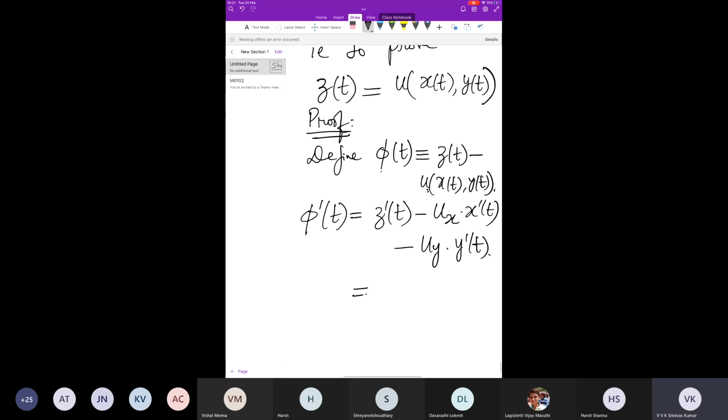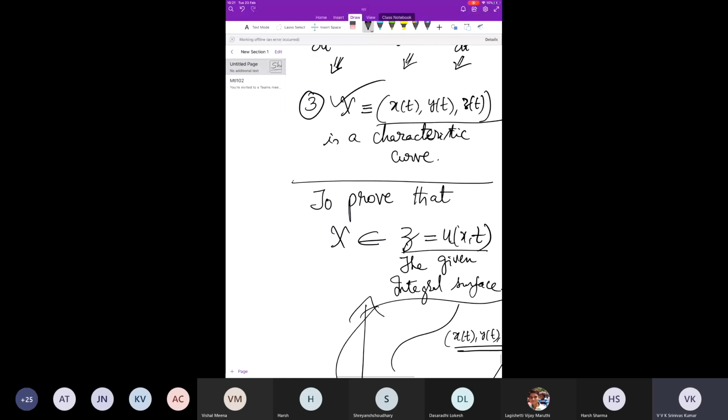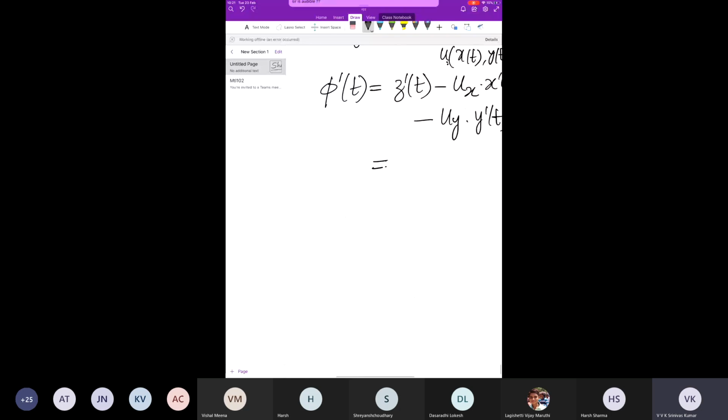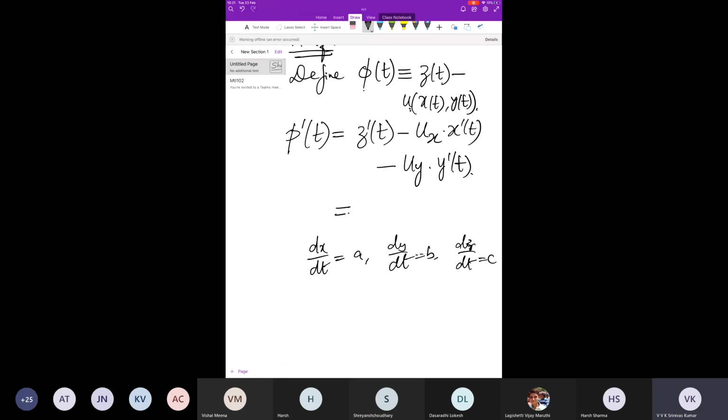But this is a characteristic curve. The third thing given to us is that chi is a characteristic curve. What is the meaning of a characteristic curve? It is obtained by solving dx/dt equal to a, dy/dt equal to b, dz/dt equal to c. So x'(t) is a, y'(t) is b, z'(t) is c.